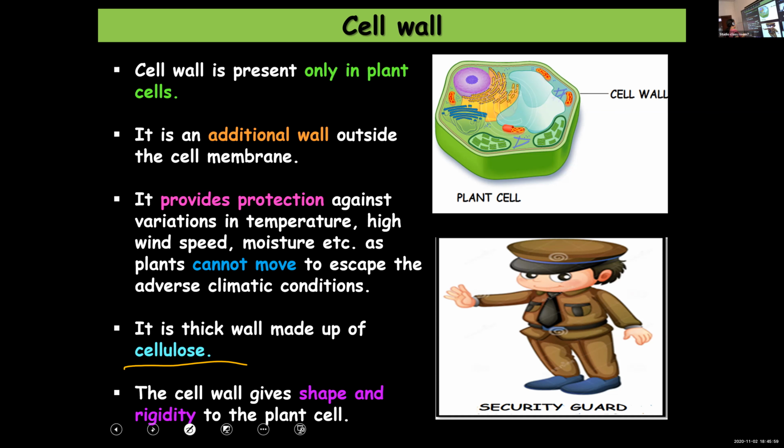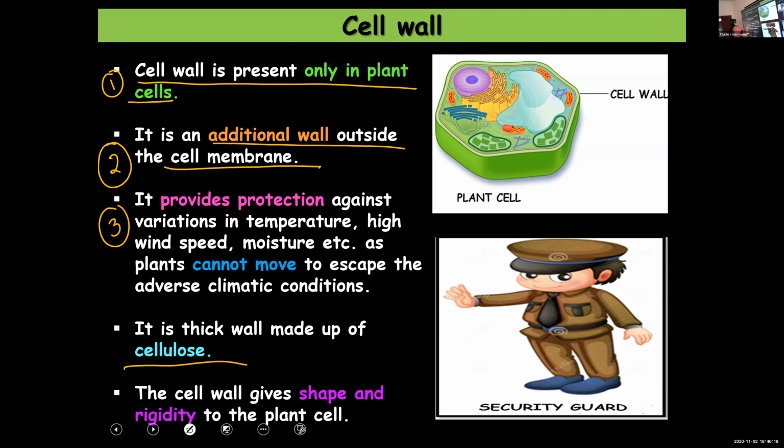So starting with the first point, cell wall is found only in plant cells. Point number 2, it is an additional wall outside the cell membrane. Point number 3, functions. It provides protection against changes in temperature, high wind speed, moisture, because plants cannot move to escape such bad or harsh environmental conditions.